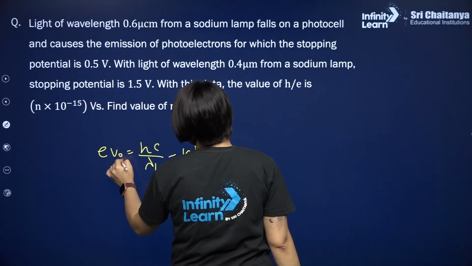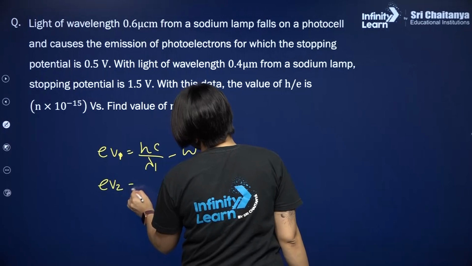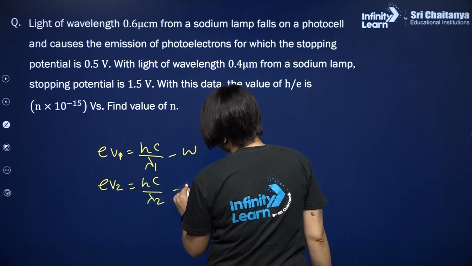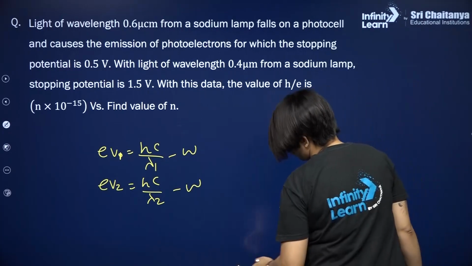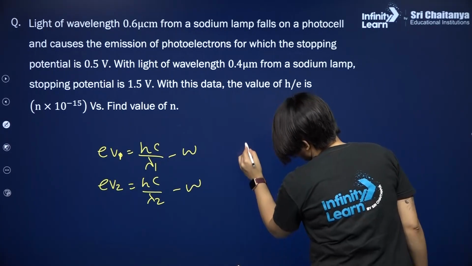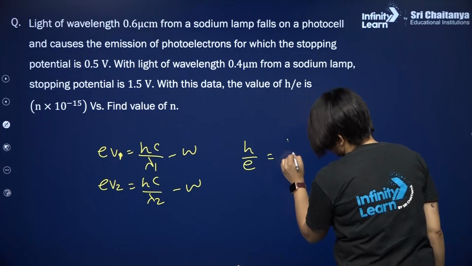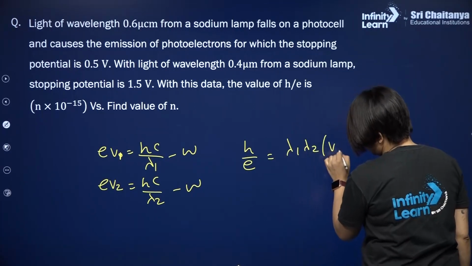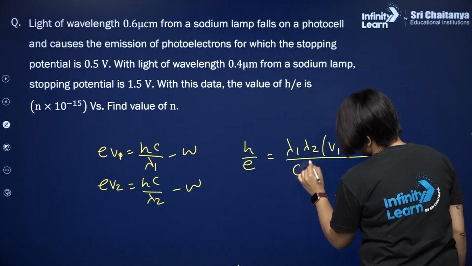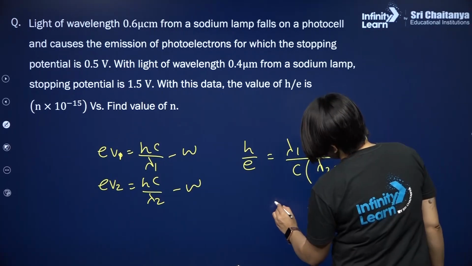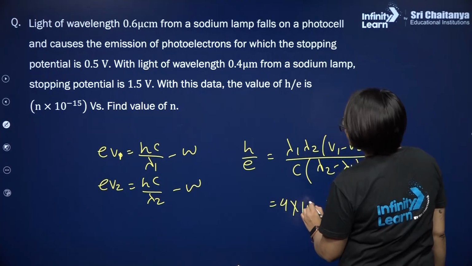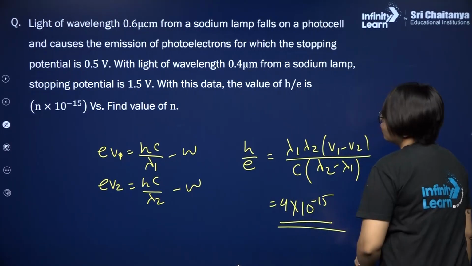So this is for the first condition. For the second condition, eV2 equals hc upon lambda 2 minus work function. After solving equations 1 and 2, you will get the value of h upon e as lambda 1 lambda 2 into V1 minus V2 divided by c times lambda 2 minus lambda 1, and if you put all the values, you will get it as 4 into 10 power minus 15 volt into second.